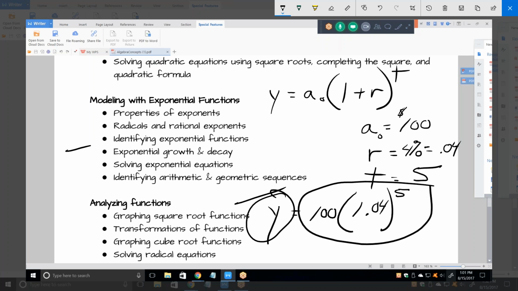So the higher that R is, the better off you're going to be. The longer you leave it in there, the higher T is, the better off you're going to be. And the more you put in, the better off you're going to be. This is annual compound interest.